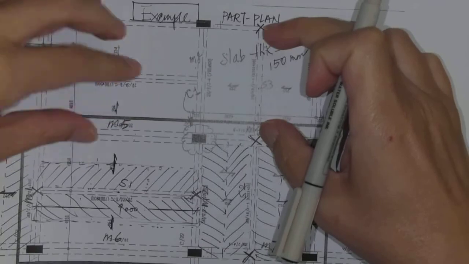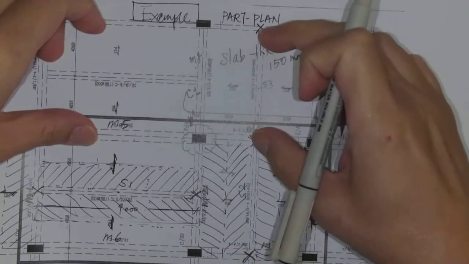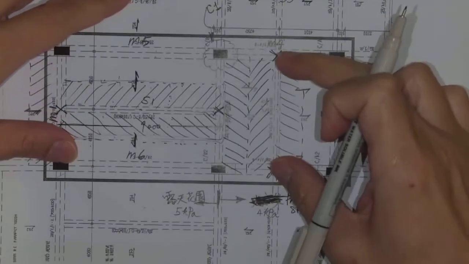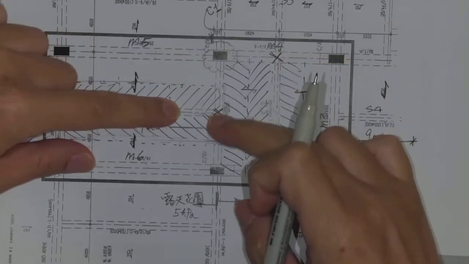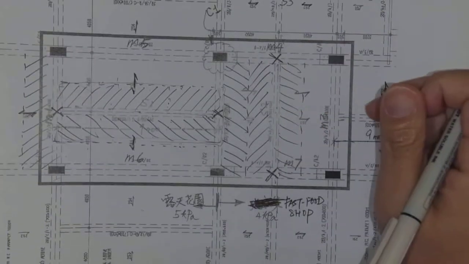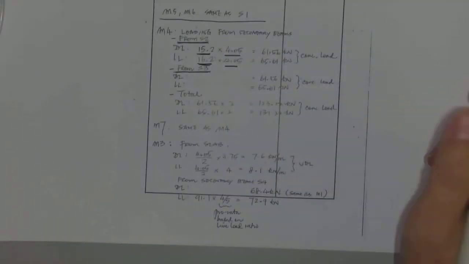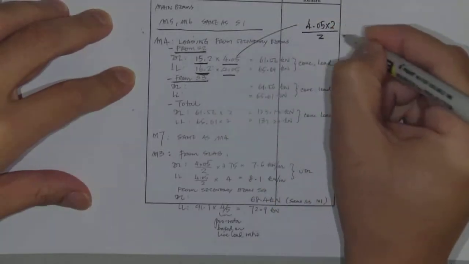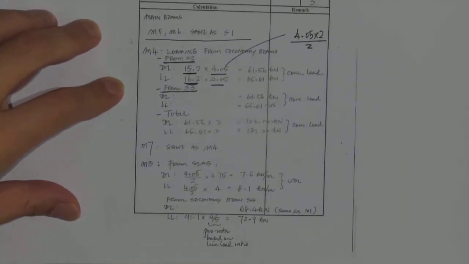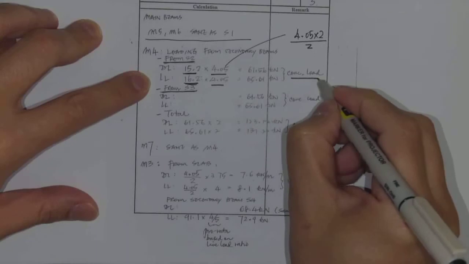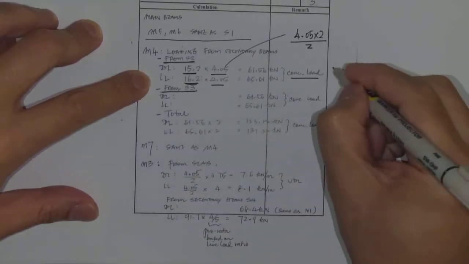How long is S2? 4.05, so it is 4.05 times 2, then divide by 2, so it's just 4.05. So this is actually 4.05 times 2 divided by 2. So that's the dead and live concentrated load on S2, mid-span.